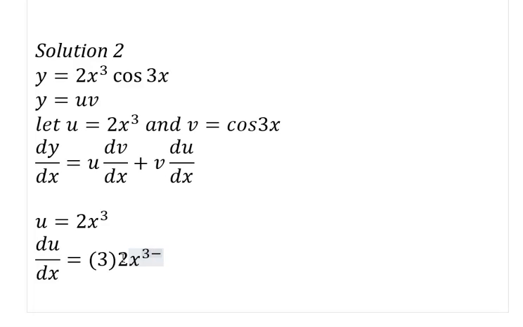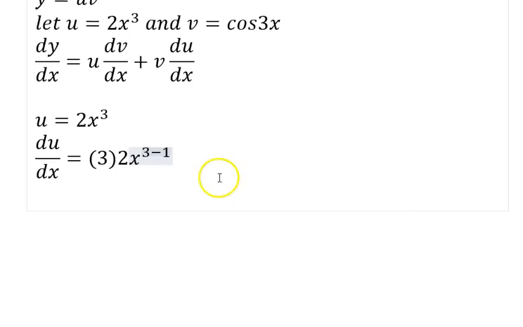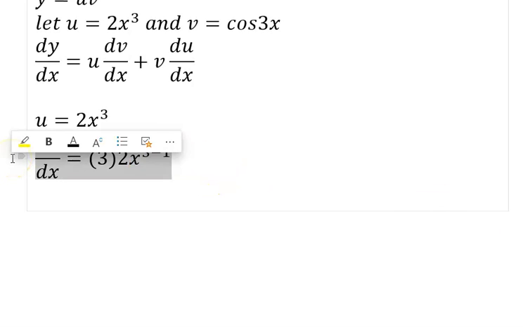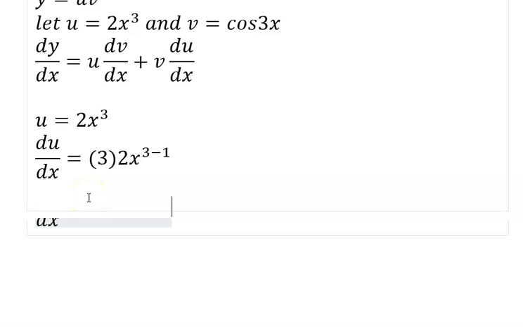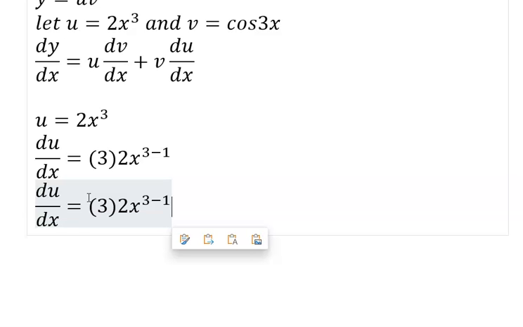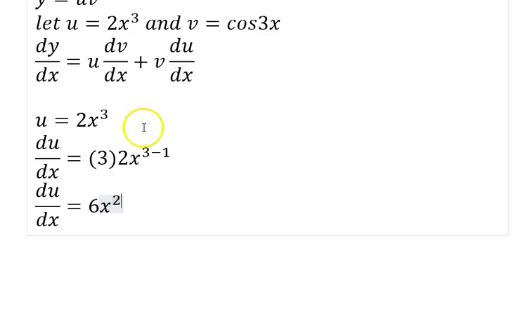Awesome. 3 times 2 here will give you 6. Minus 1 from the power, 3 minus 1 will give you 2. Beautiful. So your du dx is 6x squared.